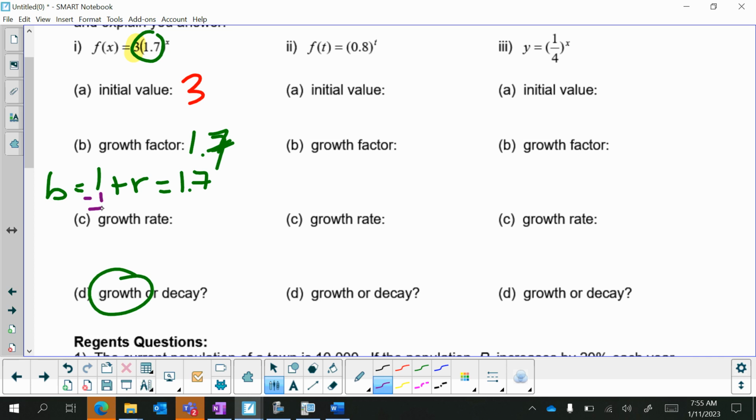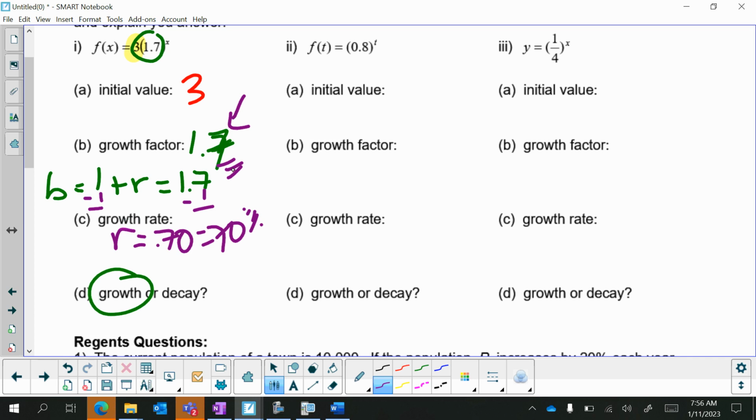But if you subtract 1, you're going to get the rate equals 0.7, also known as 70% growth. Okay, so for growth, you really can just look to the right of the decimal and you're going to see the 0.7. So that means that the rate is 0.7 or 70% growth. But if you wanted to, you could do the subtract 1 in order to get it.